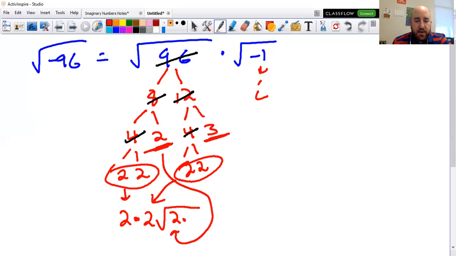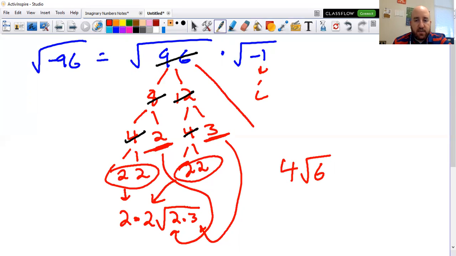This 2 is going to come down here. This 3 is going to go right there. So I've got 2 times 2 outside, 2 times 3 inside, which is going to leave me 4 square root 6. So I have simplified the square root of 96 all the way to that.